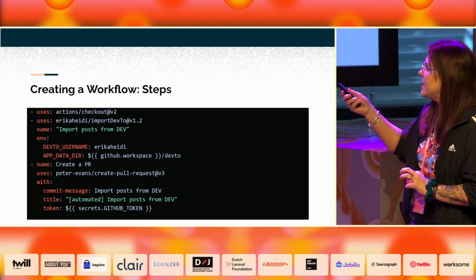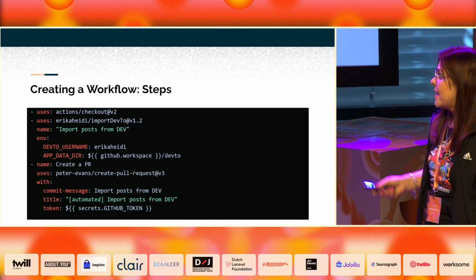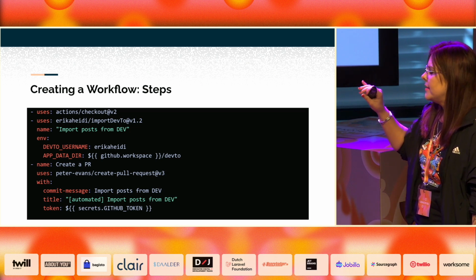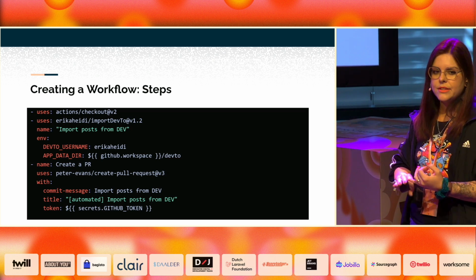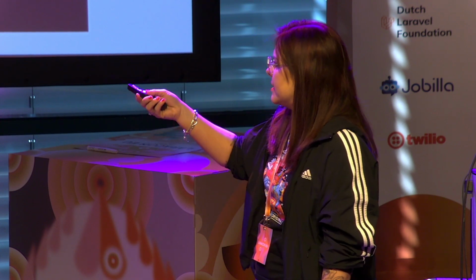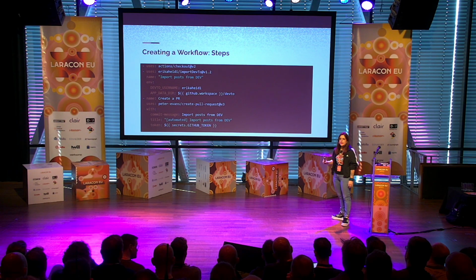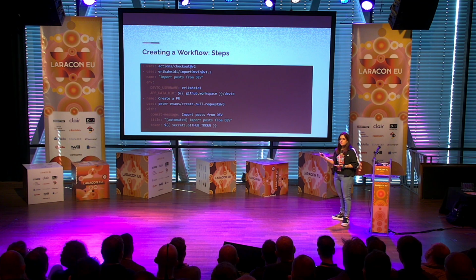And then finally, we can create a pull request with the create pull request action. And you can set a lot of different information, metadata for the pull request, the title, description, and finally the token. This is also something that every action has, this environment variable. It's the token for the GitHub bot that's running the action. So the pull request is created by the GitHub Actions bot.